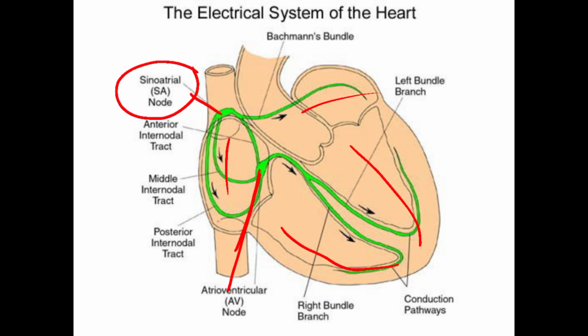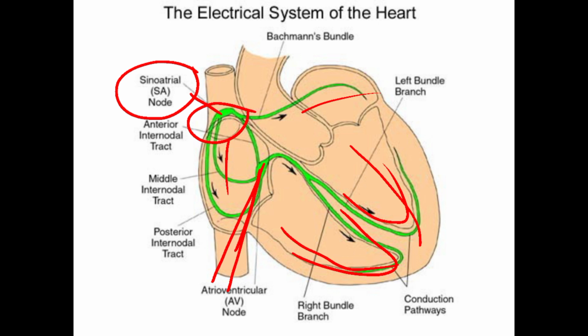At the atrium, the SA node and AV node are present, and this is the ventricular muscle. The SA node produces the impulse at a higher rate than all the cardiac tissue. That means if you remove the SA node, the AV node will start producing the impulse but at a lower rate.